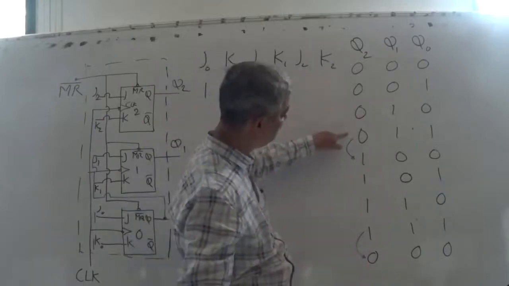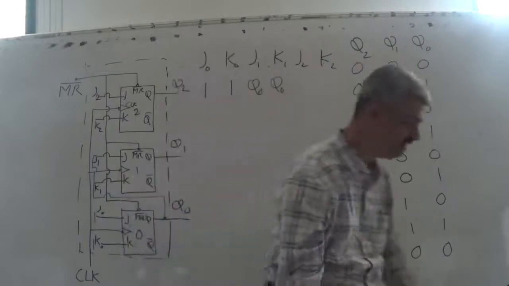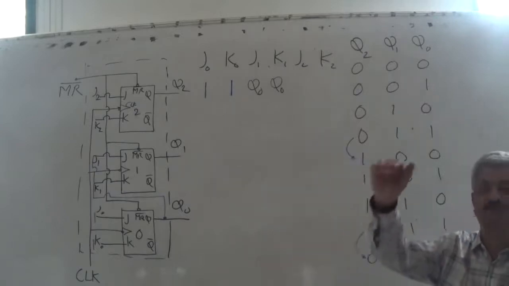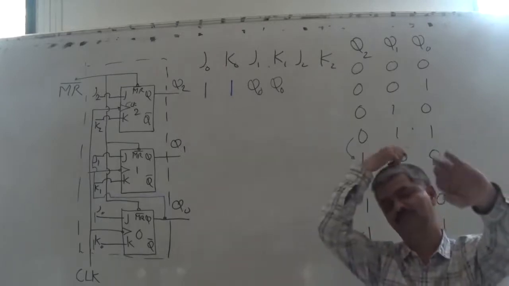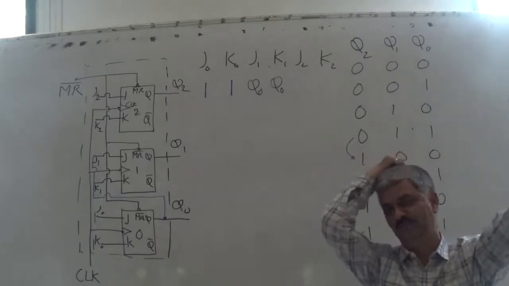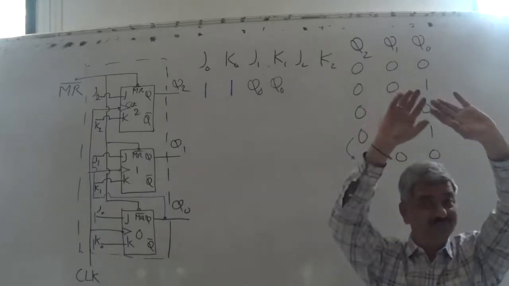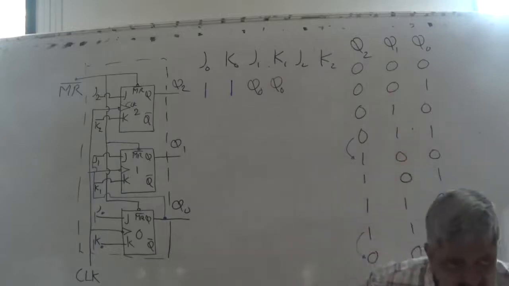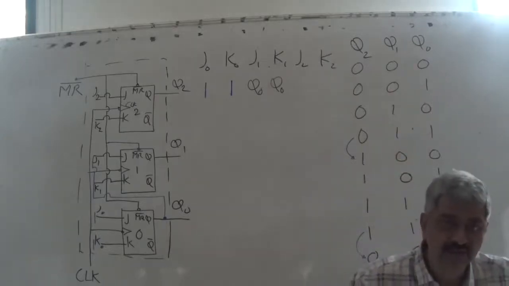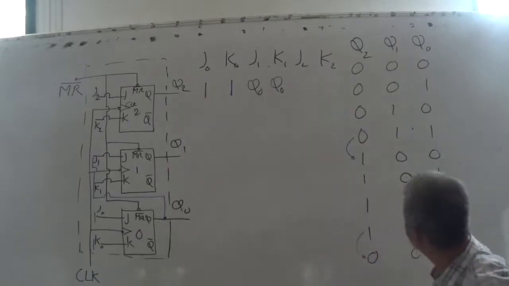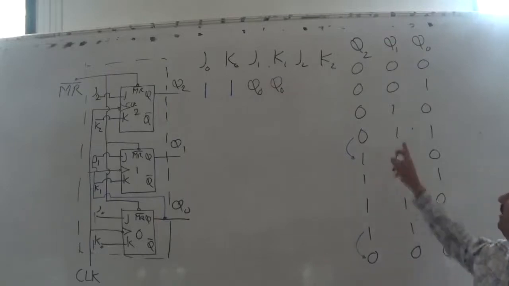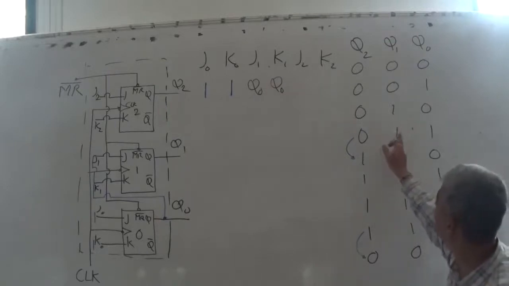When Q2 is expected to invert, so we are designing. For the least significant flip-flop, flip-flop number 0, we directly toggle it every time, J and K we put 1. Then while deciding flip-flop number 1, we look at the output of flip-flop number 0. Then obviously while deciding flip-flop number 2, what we should do is look at the other outputs, that is outputs of flip-flop number 1 and 0.